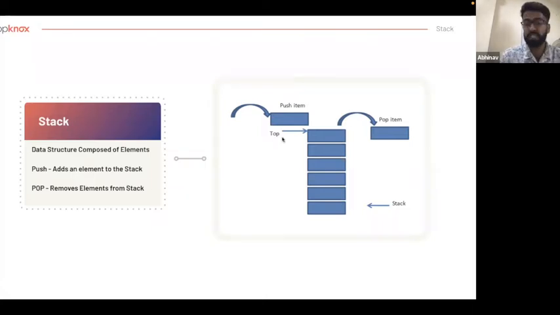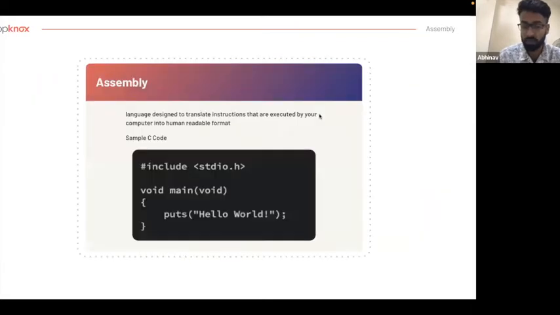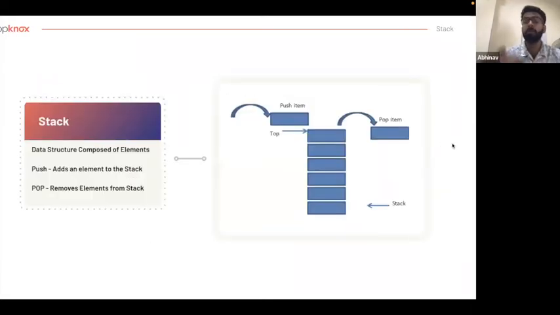The push instruction, if you look at the picture on the right, pushes an item to the top of the stack. So if I were to push a variable onto the stack, the existing stack is like this. It will push this item to the top of the stack, and the stack pointer, which was pointing to this block, will now point to the top of the stack.